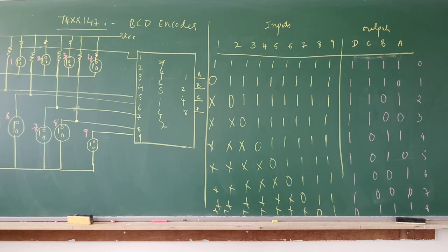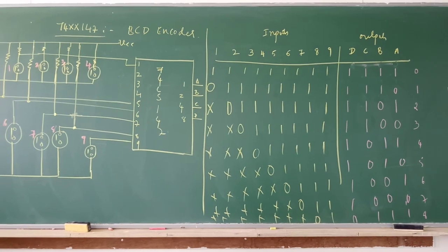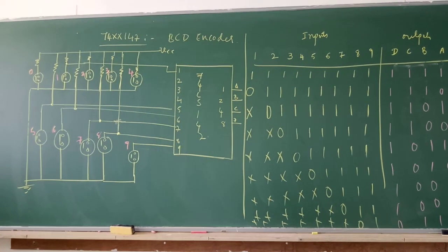So here I have written the circuit of 74XX147. One application circuit of 74XX147 is to interface a BCD keypad, that is a numeric keypad, into a microcontroller or a computer.